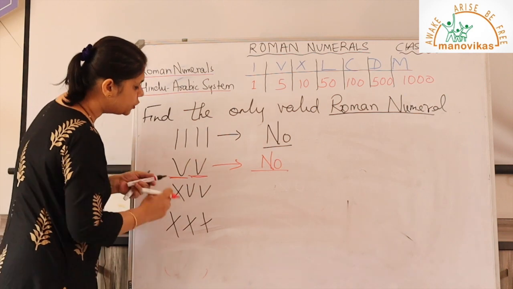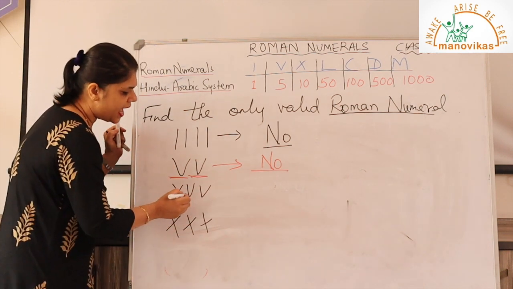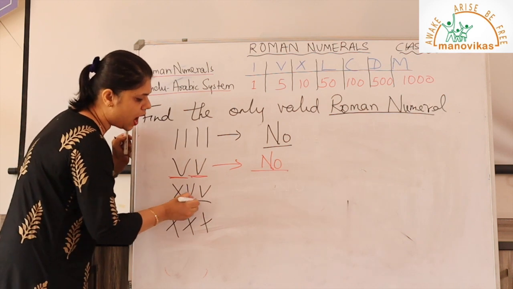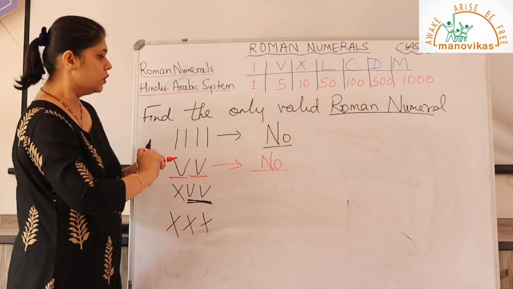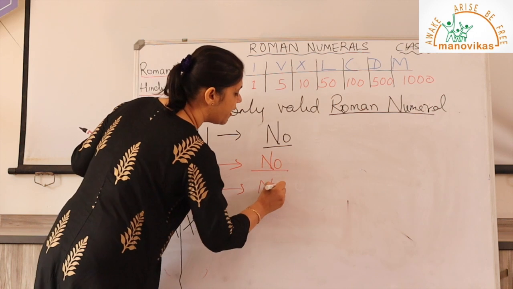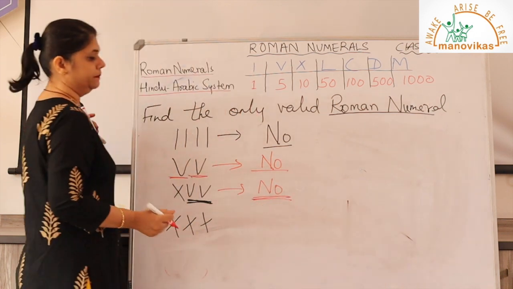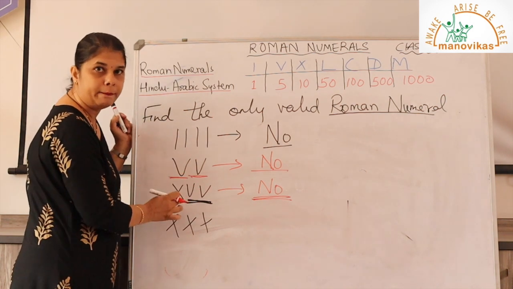Now go to the third example. In this numeral we have X and 2 V's again. So are we allowed to repeat the V? No. So again this Roman numeral is not valid because we cannot repeat the symbol V.